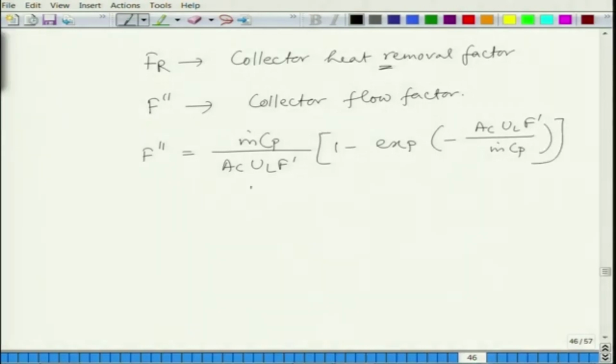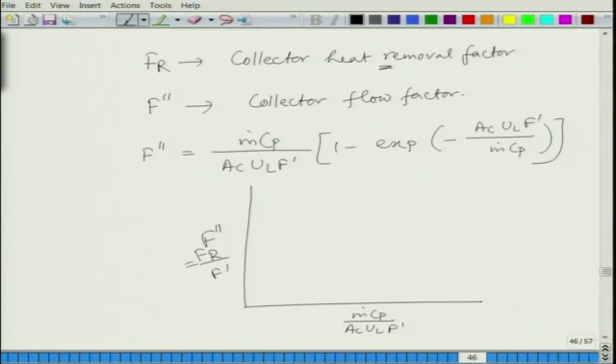Now, if you plot it with this dimensionless collector capacity, F double prime, which is F R divided by F prime. So, you can see that it will be asymptotically equal to 1 when we have dimensionless capacity to be large enough. Okay.